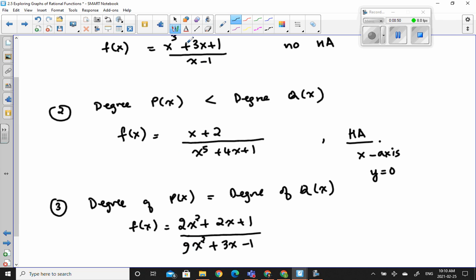I'm just creating this as I go along. Let's say it's this, and they both have the same degree, as you can see here. This is degree 2, this is degree 2.